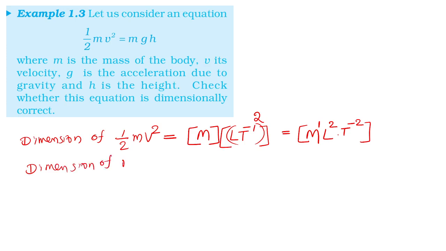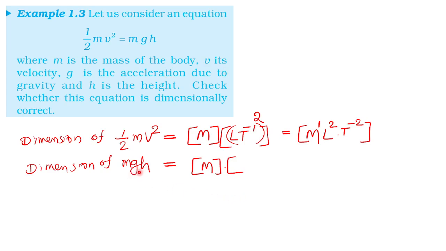Dimension of mgh. M is the mass. M is what? Mass. G, what is this G? G is the acceleration due to gravity. A falling body will have an acceleration.